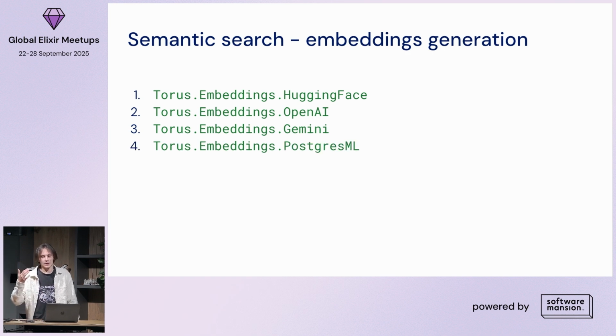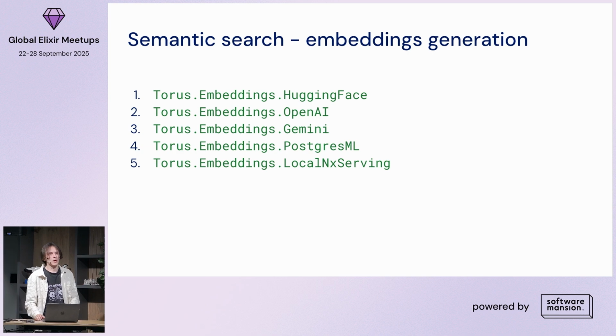But maybe you might want to generate them yourselves. If you want to generate embeddings yourselves, then you have an option to use, for example, PostgresML. PostgresML is a Postgres extension, a version of Postgres which has Python ML libraries included. You host that on a machine with a GPU, and you can actually do inferring in your database, which is really cool, because you don't need to bring any other services, and you can have your Elixir be CPU heavy and have Postgres be GPU heavy.